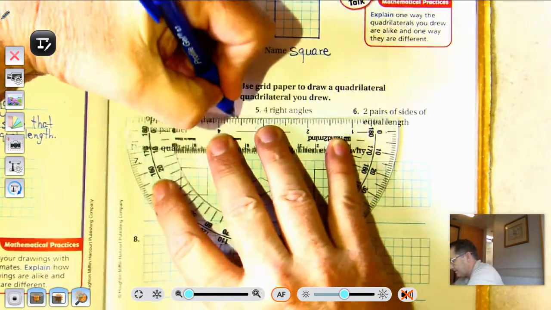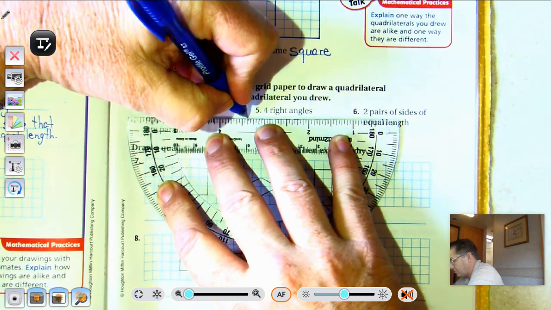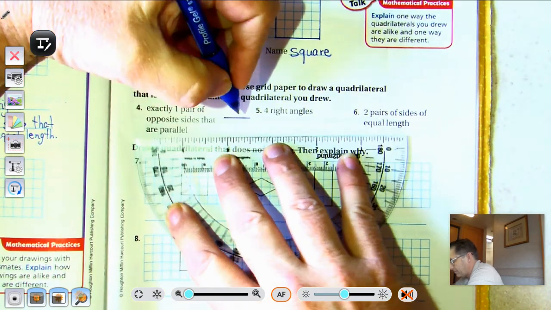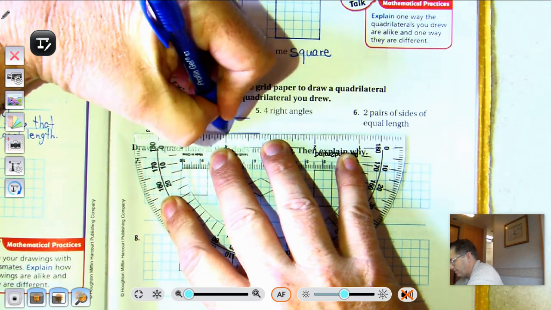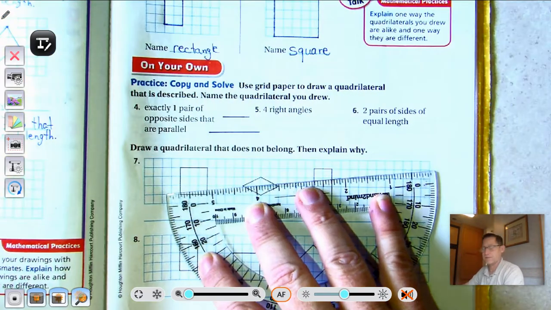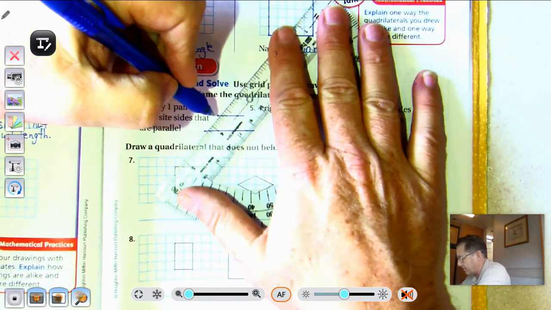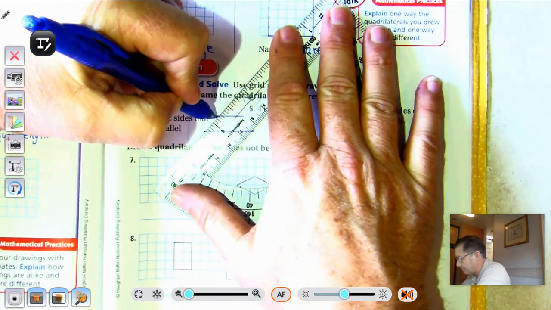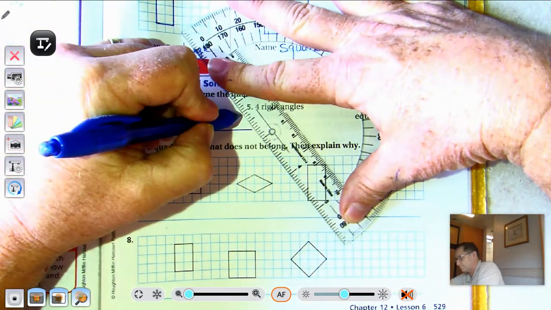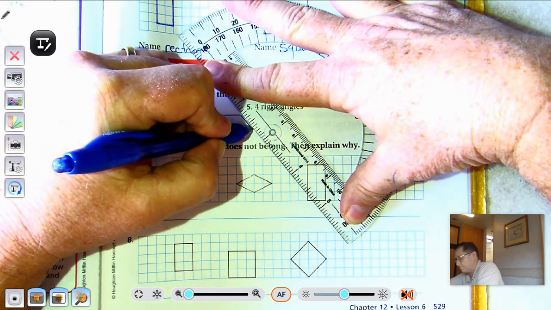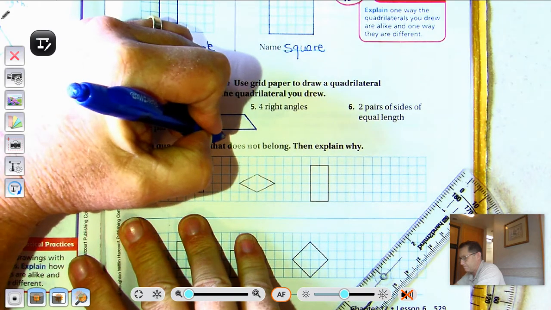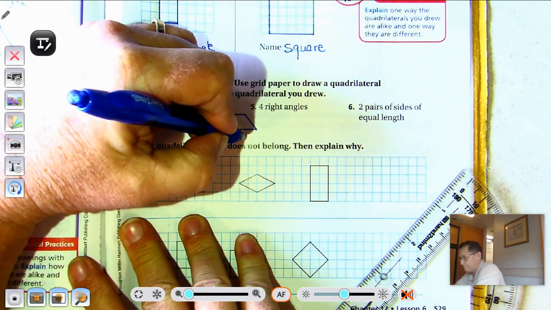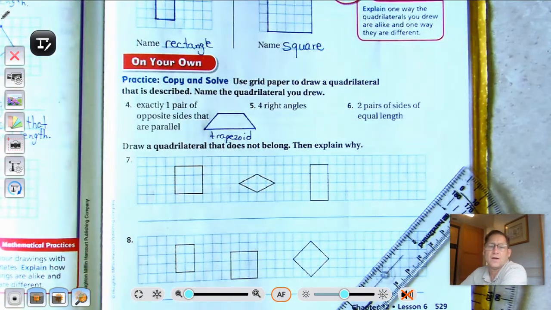So trapezoids, you can draw them various ways, but I'm just going to make the top and the bottom parallel, and then I'll just connect the top and the bottom. Trapezoid. Okay.